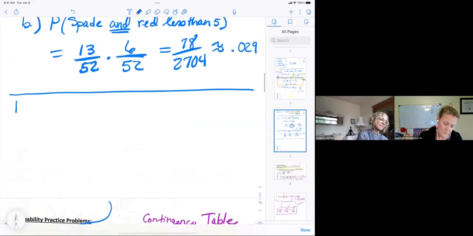Part 3, on the same worksheet, randomly draw 3 cards without replacement.